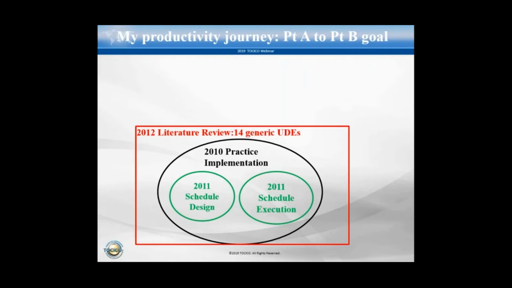Along that path, in January 2011, I started looking at the academic literature and practitioner literature, figuring that there were probably things that we could do that we didn't do that would improve their practice even more.